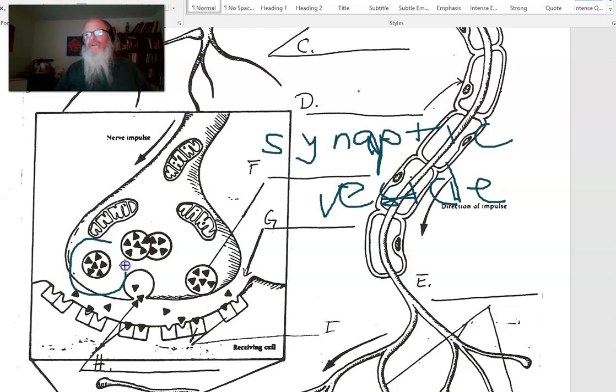In this illustration, the synaptic vesicles don't hold yellow dots or red dots, they hold black triangles.